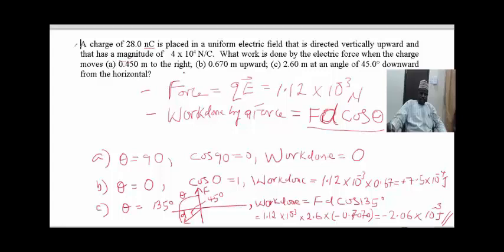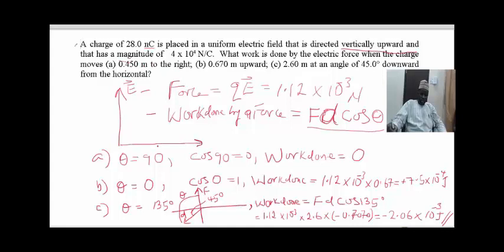So let's start. In option A, our field is acting vertically upward in the question. So this is our E, and we have displaced it through 0.45 meter to the right. To the right means this direction.